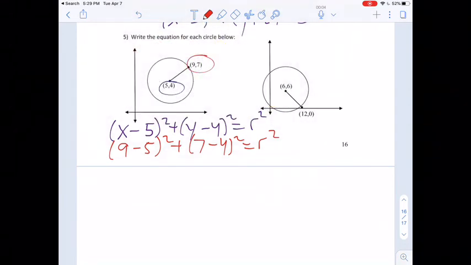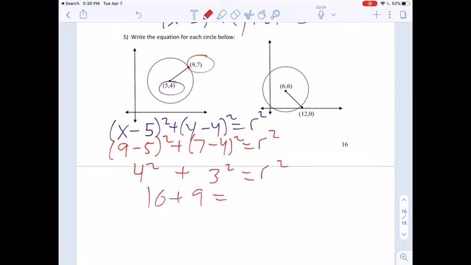And then I'm going to figure out what that equals. 9 minus 5 is 4 squared. 7 minus 4 is 3 squared, which is 16 plus 9, which is 25.